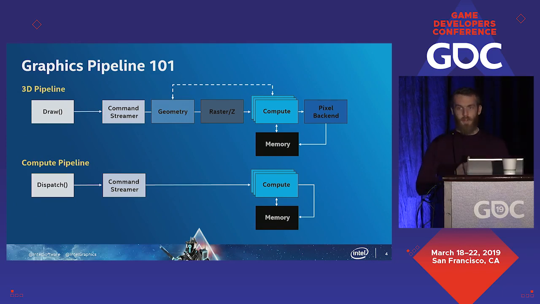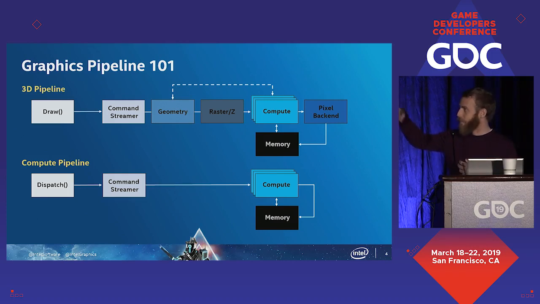Then the geometry fixed function is just going to fetch all of the primitives and submit them to the compute block so that it does all the primitive transformation, and then passes it along to the rasterizer, which basically transforms all of the primitives into pixels. We have also been adding, for efficiency purposes, a depth test block there. And then once you've rasterized your pixels, you can shade the final color in the compute block.